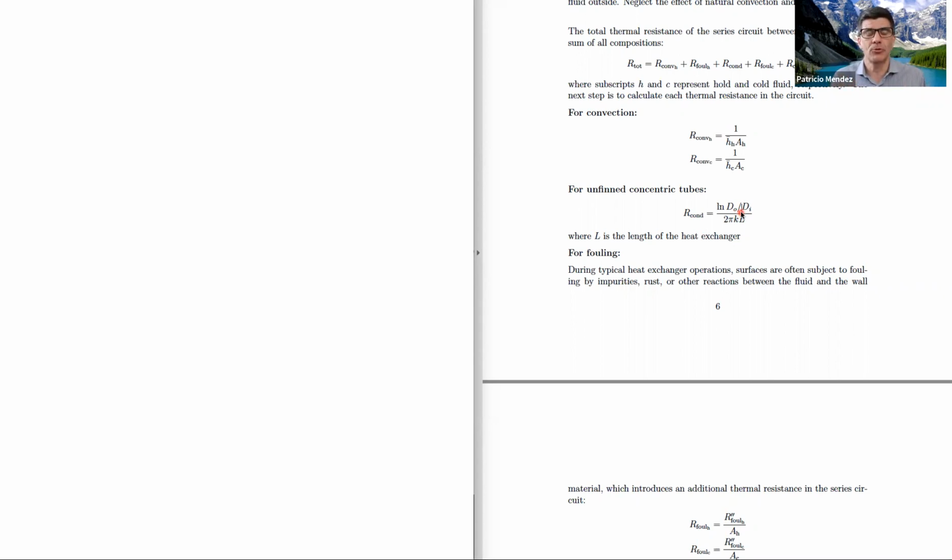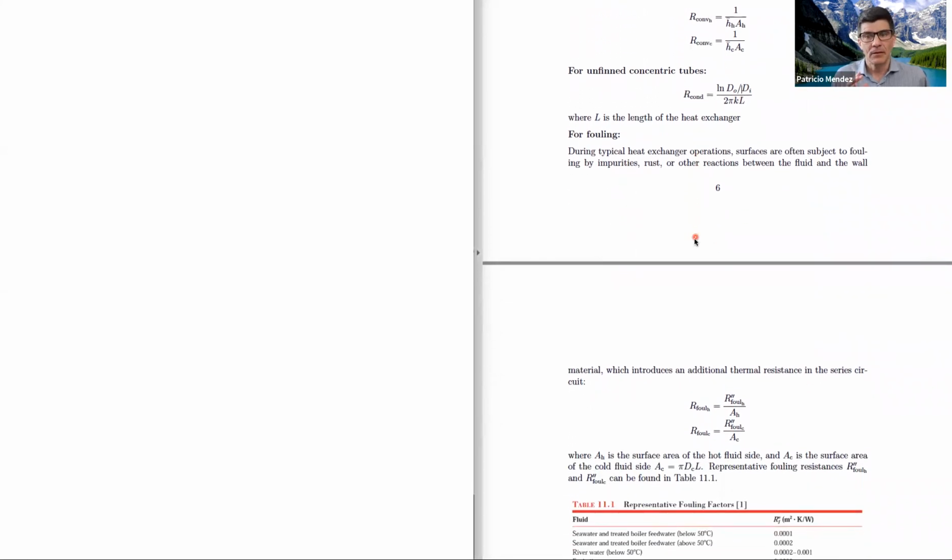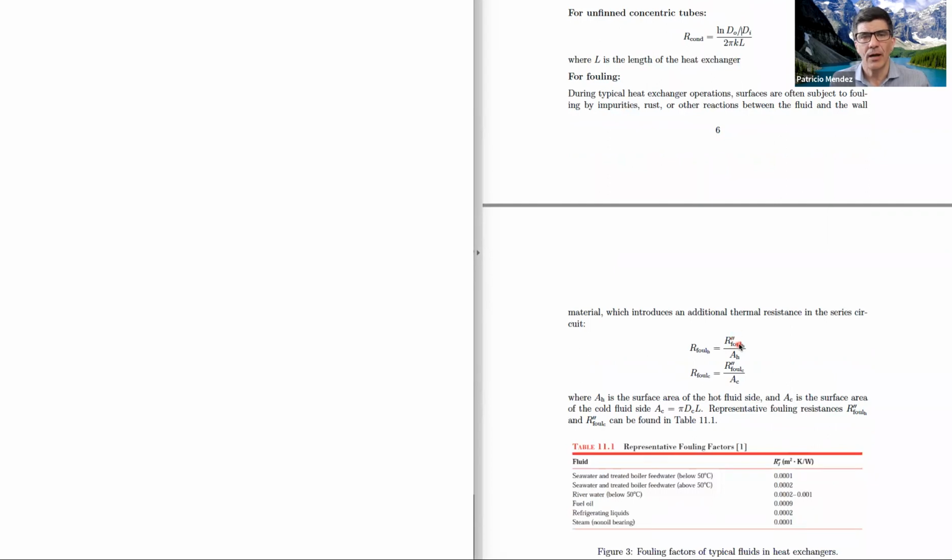I will not be able to do examples for everything. I will do one example today, but you have in your notes many worked out by me. You can check. So let's talk about fouling, right? In fouling, the resistance is this R double prime, what we call the resistance per unit area, with the awareness that it's a horrible name because it's not per unit area, it's times unit area.